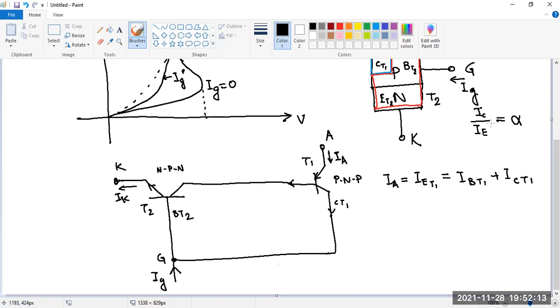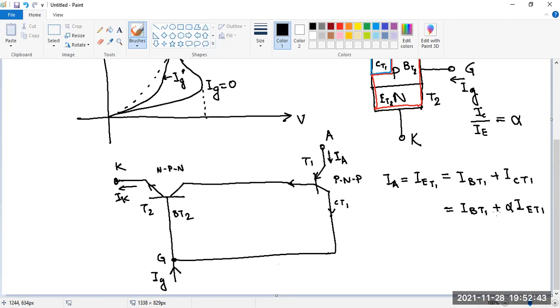And beta gain is what? IC by IB. So IC by IE is the transistor alpha. If we write this in terms of the transistor alpha gain, what would it be? IBT1 plus alpha IET1, correct?